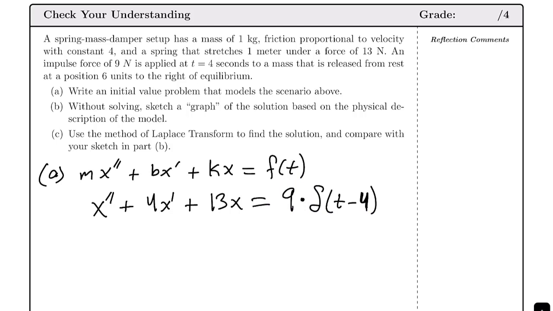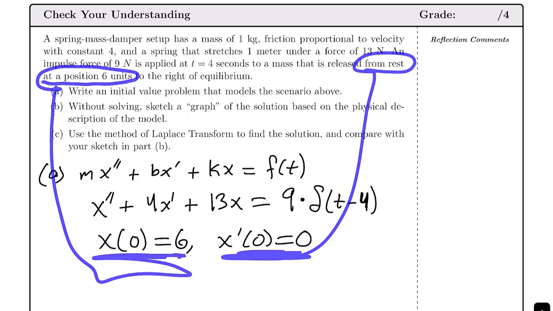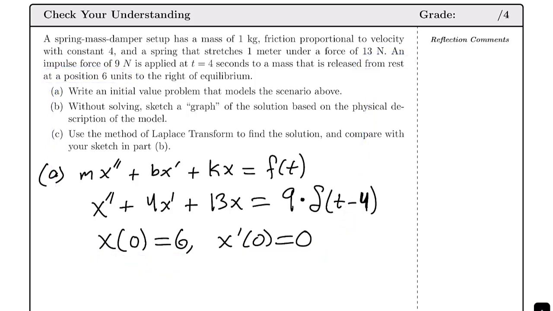The initial conditions, x of 0 equals 6, x prime of 0 equals 0 because it is released from rest, indicating the velocity is 0, at a position 6 units to the right of equilibrium. So that is part A. We've modeled the scenario with this initial value problem right there.